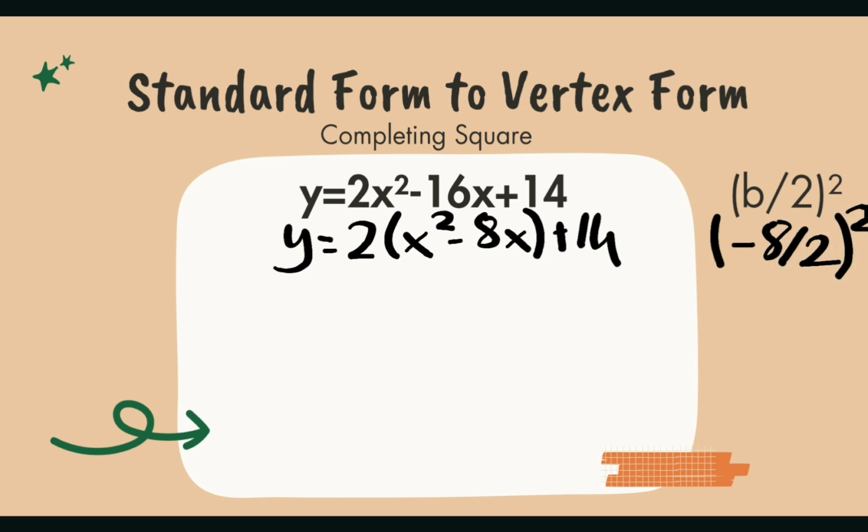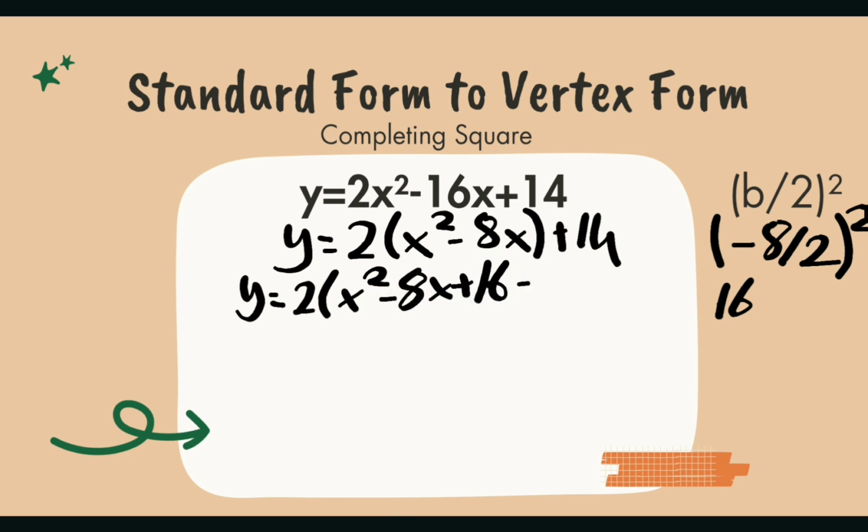It will be 16. And we write 16 as positive 16 and negative 16 inside the brackets. y equals 2x squared minus 8x plus 16 minus 16 and 14.